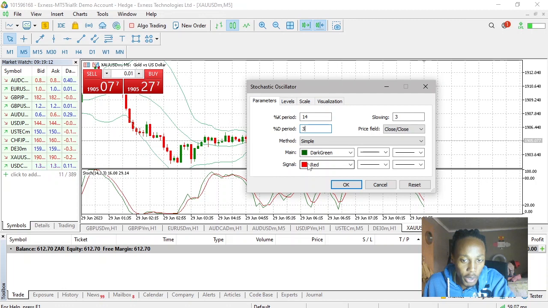Then you might also use your preferred colors. I chose to go with red and green. So overall, K period is 14 and D period is 3. Those are the most important keys to the stochastic oscillator. Then you say okay.